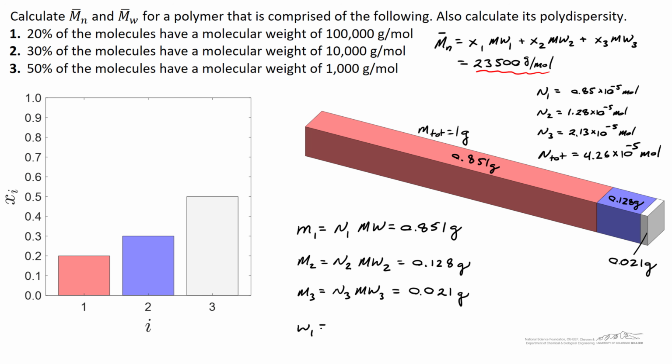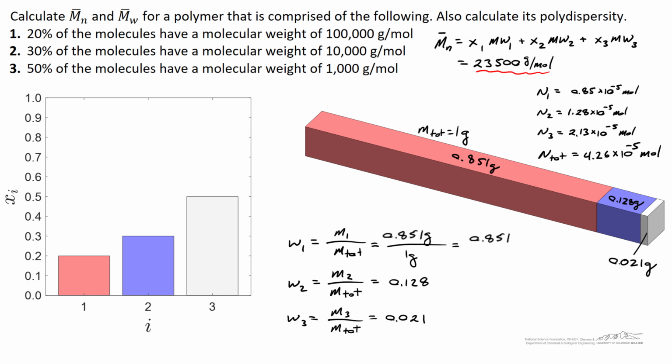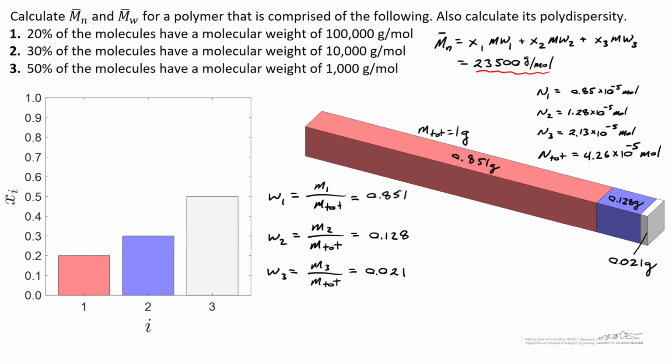So I could calculate the weight fraction of that high molecular weight material. W1 is going to be equal to the mass of 1 divided by the total mass. 85% of the mass is comprised of that high molecular weight material. I could do the same calculations to come up with W2 and W3.